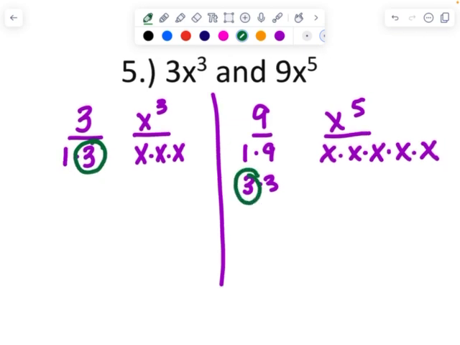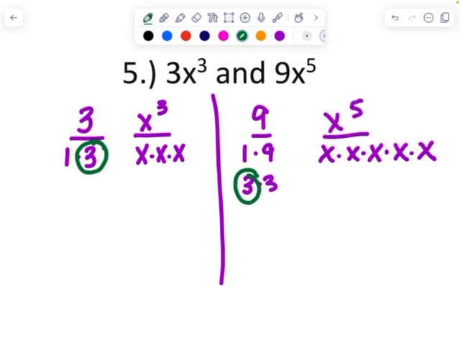But now I need to take a look at x cubed and x to the 5th. I think about what's the maximum number of x's I can take out of both. So I have 3 here and I have 5 there. Well, I can take these 3 out of x cubed, which means I can only take the 3 x's out of x to the 5th.